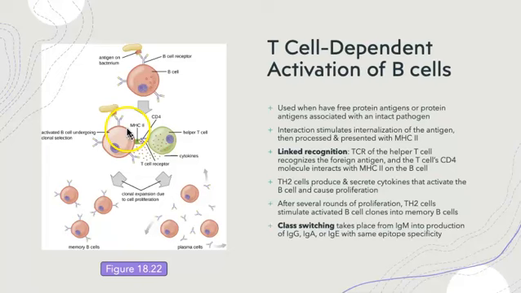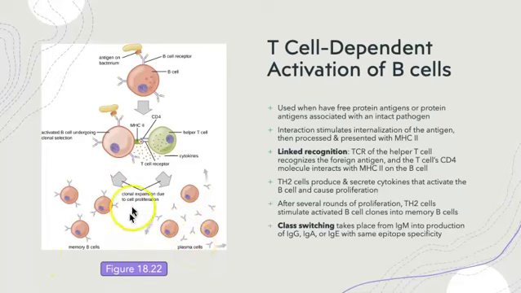At that point, our B cell is activated and our CD4 cells are going to produce cytokines that will activate our B cell to go through clonal expansion and proliferation. And we will get activated clones of our B cells and have them turn into plasma cells, secreting lots of antibodies.